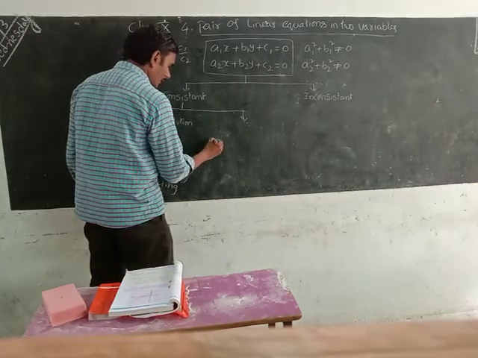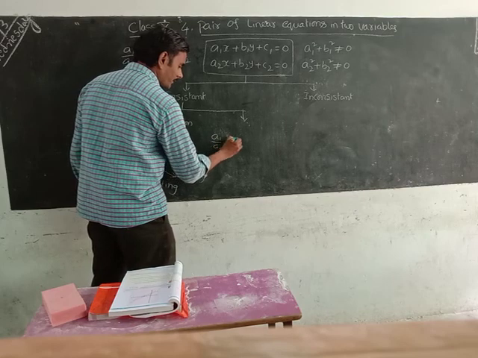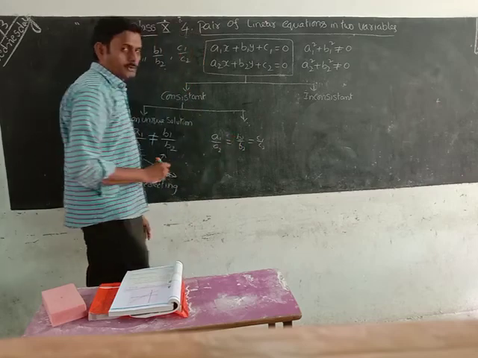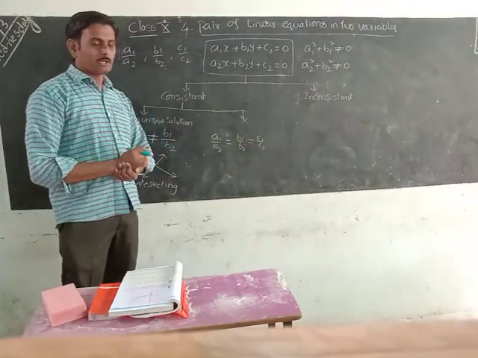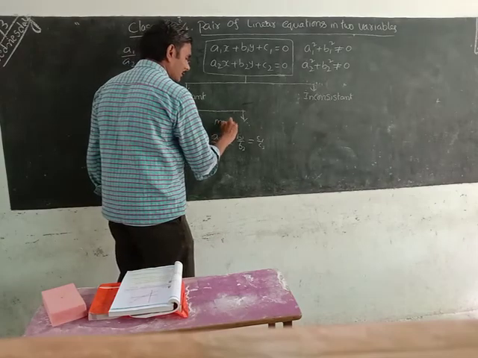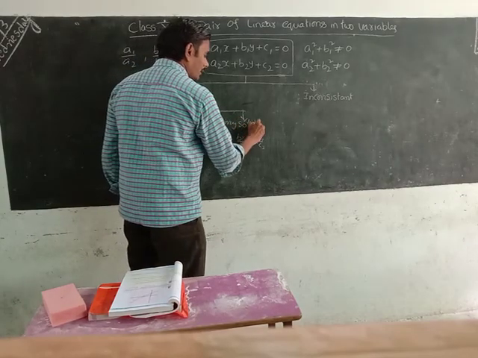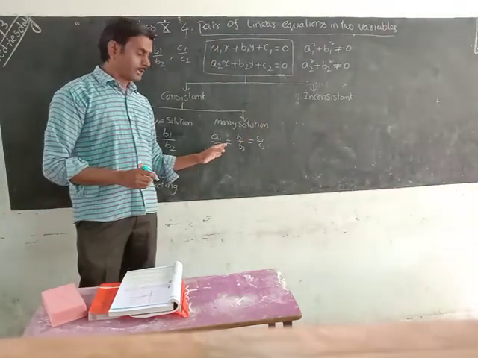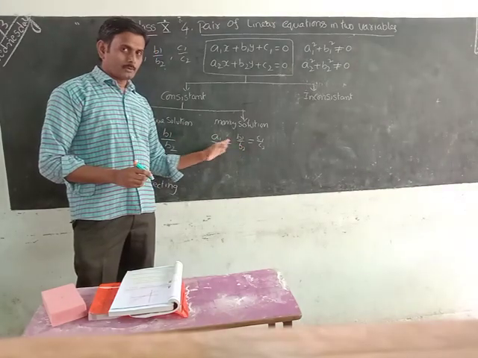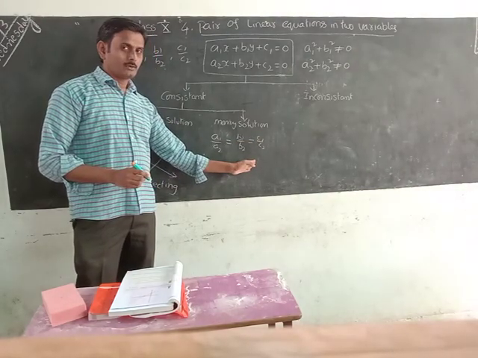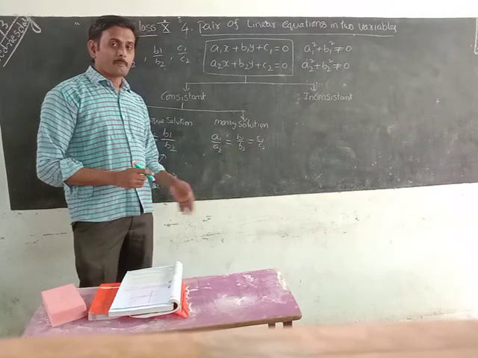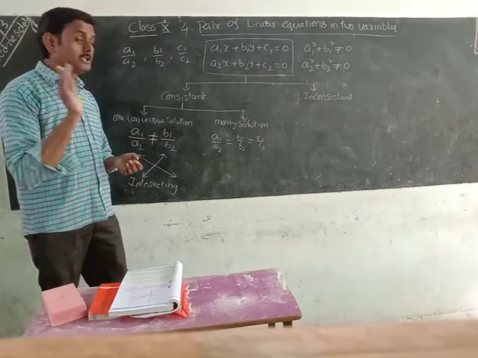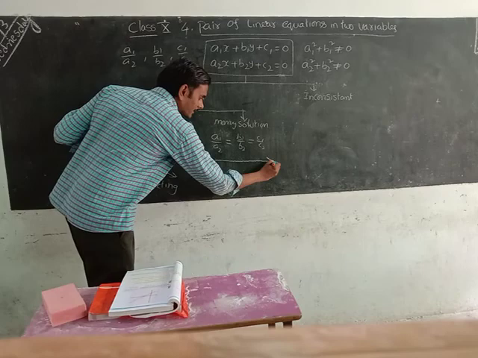But if all ratios, a1 by a2, b1 by b2, c1 by c2, are equal, then they will have many or infinite solutions. When the ratios of each coefficient are equal, those are called coincident lines. The graph of this is like this.